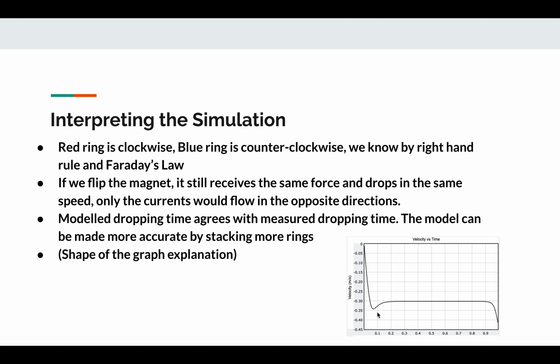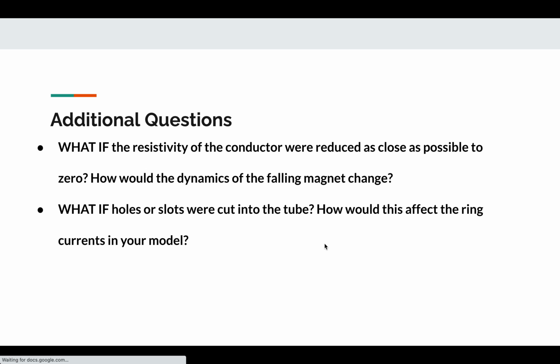Therefore, you can see that the magnetic force increases and they reach an equilibrium, and therefore it stays at the same velocity. And as it leaves the tube, there is less and less magnetic force. Therefore, the velocity increases again.